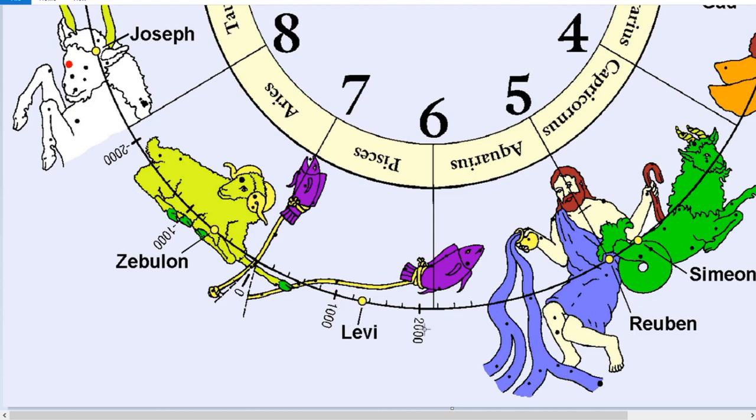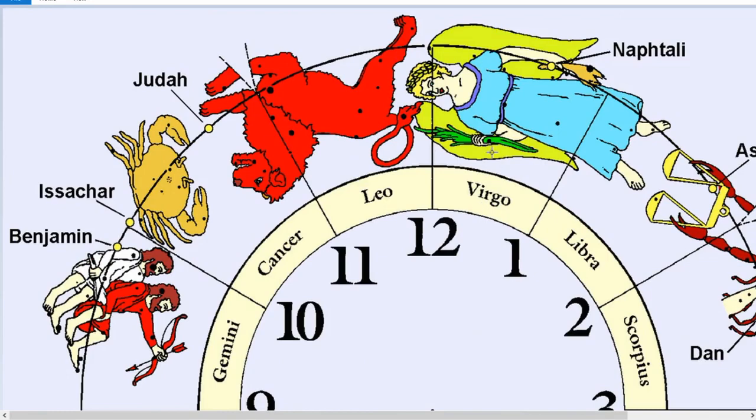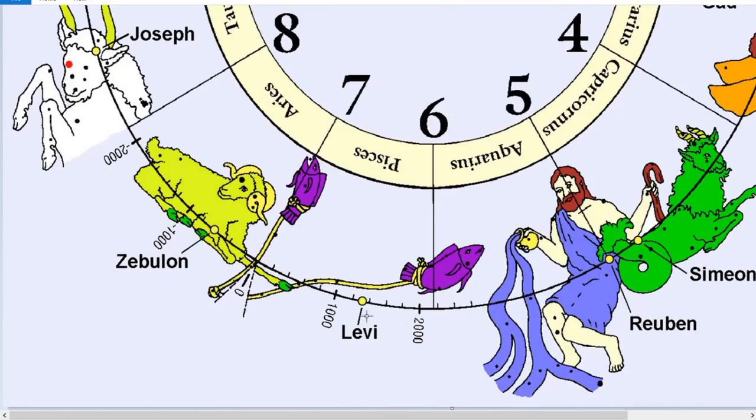So possibly when this was first written and charted, Virgo was actually the first month, was in the age of Virgo. 15,000 years ago. 9,000 years before this was written. 9,000 years before this book was written.